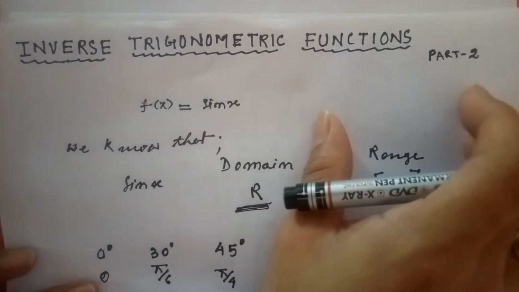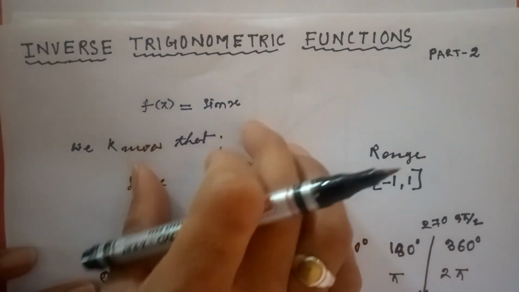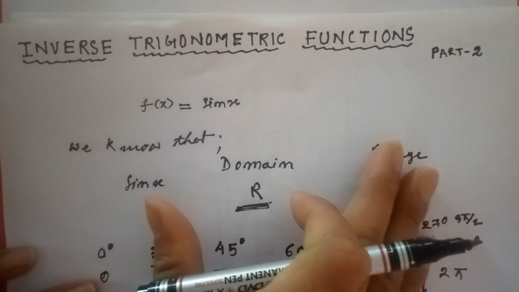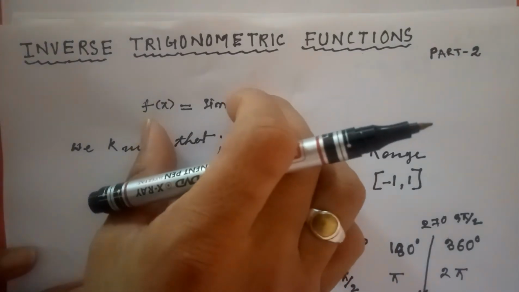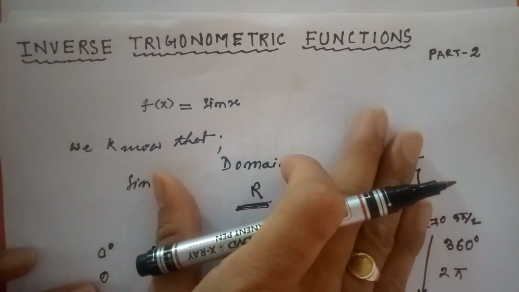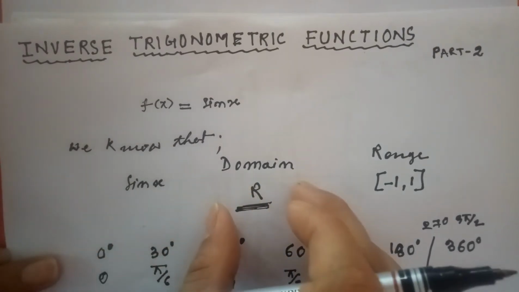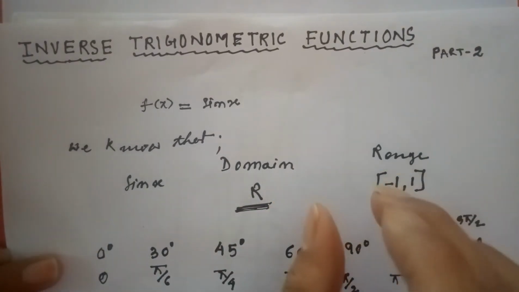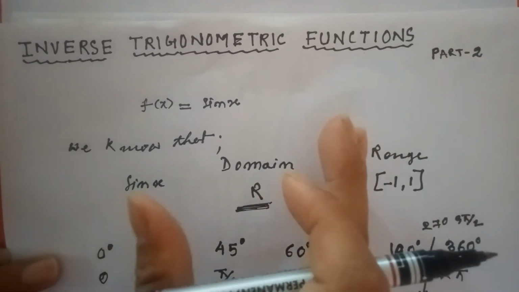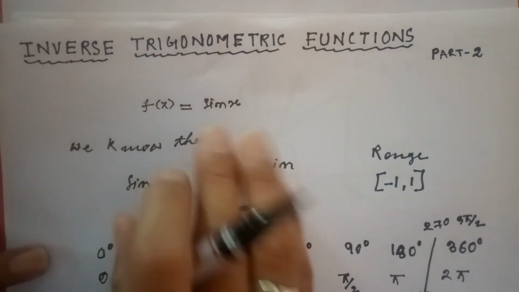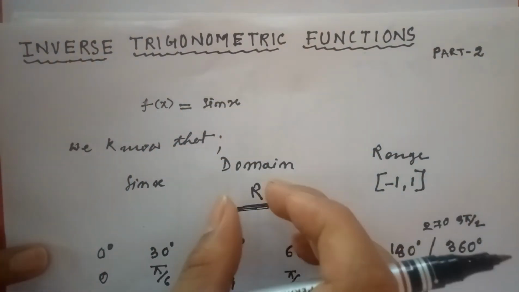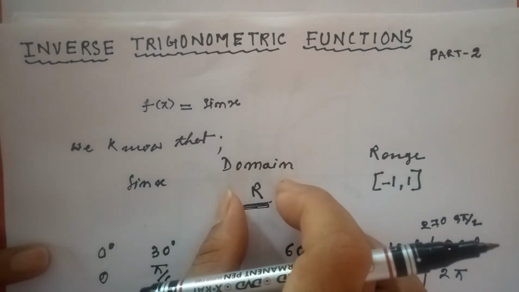So the summary of this part 2 is that we made the sine inverse graph with the help of sin x. Normally we understand that the sine function is not one-one and onto, so the inverse is not possible. We make it possible by restricting the domain.